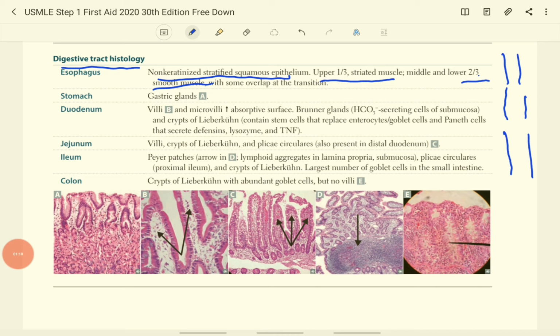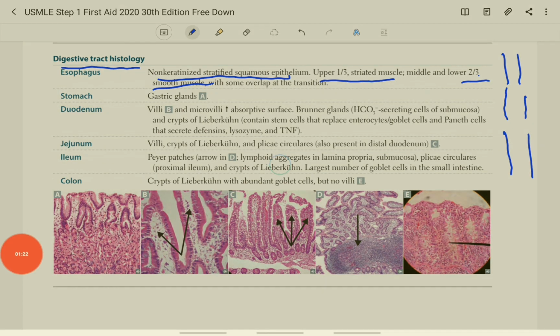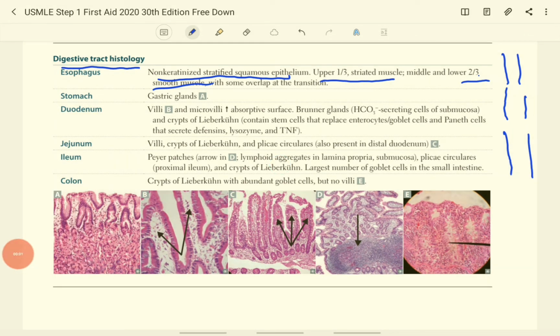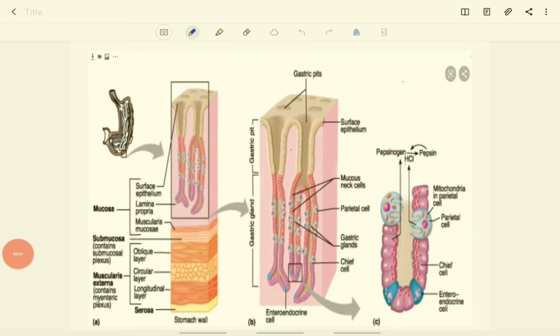In case of the stomach, we have the gastric gland, which is represented here. Let's see another image to get more clarification. In this image, we can see a mucosa here.